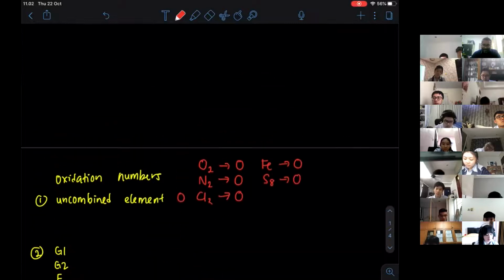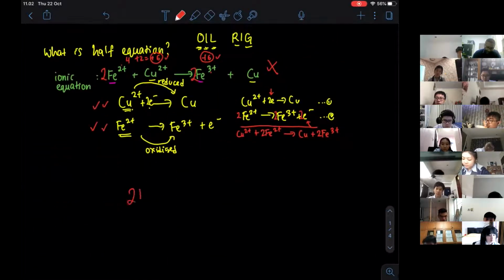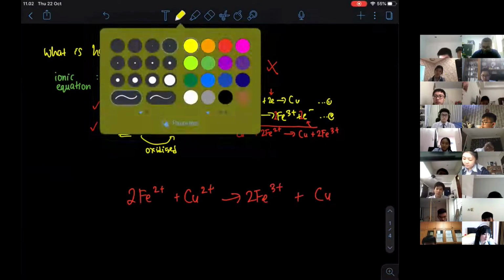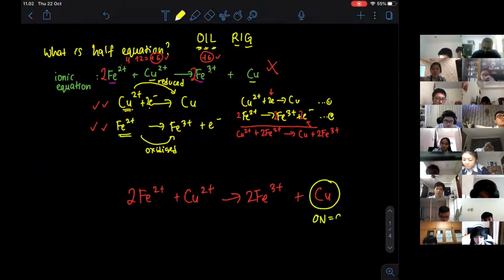So if I look at this example here, if I have 2Fe2+ plus Cu2+ to give me 2Fe3+ plus Cu, and I ask you what is my oxidation number of copper, Sharon, what is my oxidation number of copper? 0.